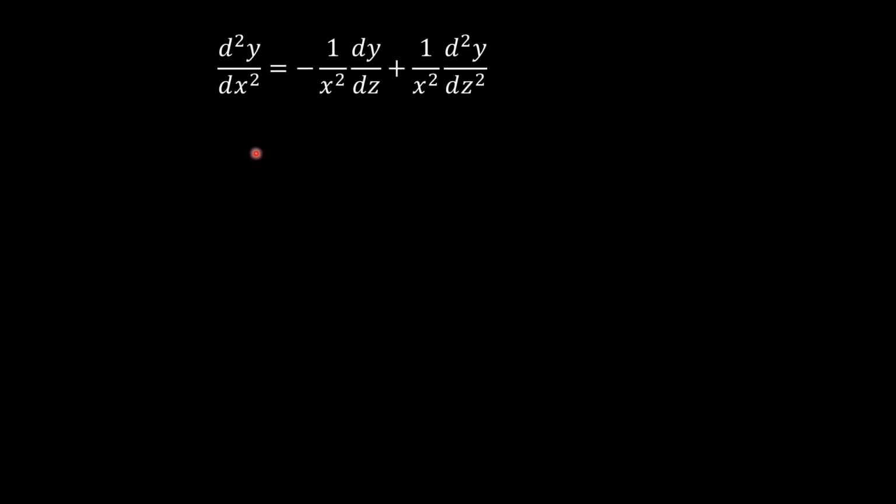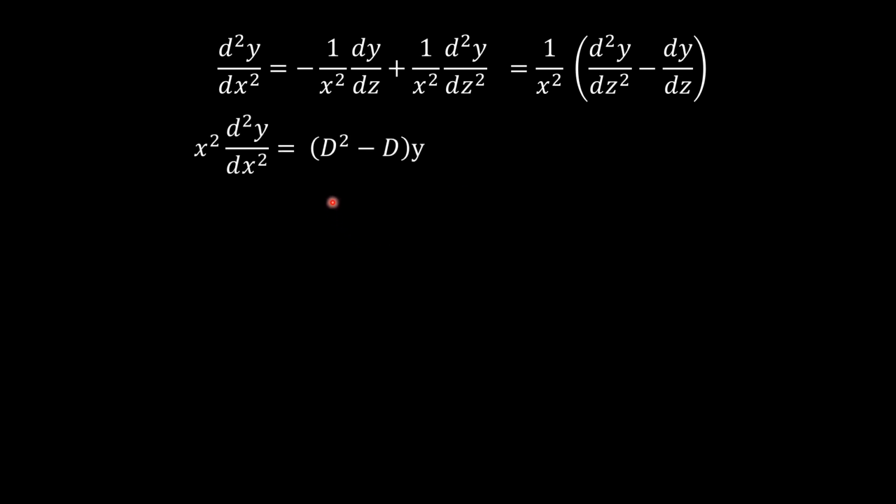So that will give us d²y/dx² equal to minus 1/x² dy/dz plus 1/x² d²y/dz². Now we will rewrite these terms as 1/x² times d²y/dz² minus dy/dz. Now write these terms in operator form and take the x² on the left hand side.